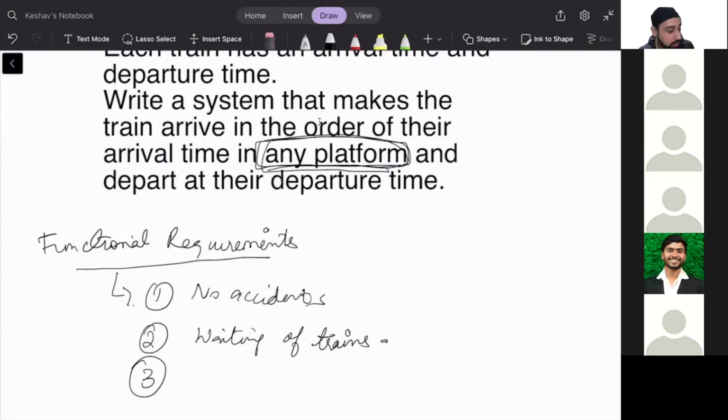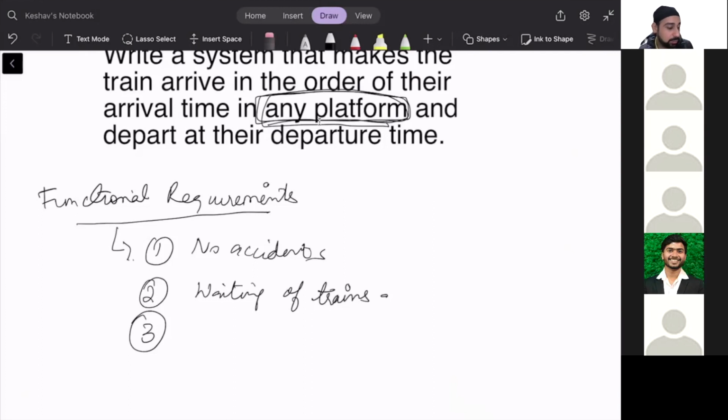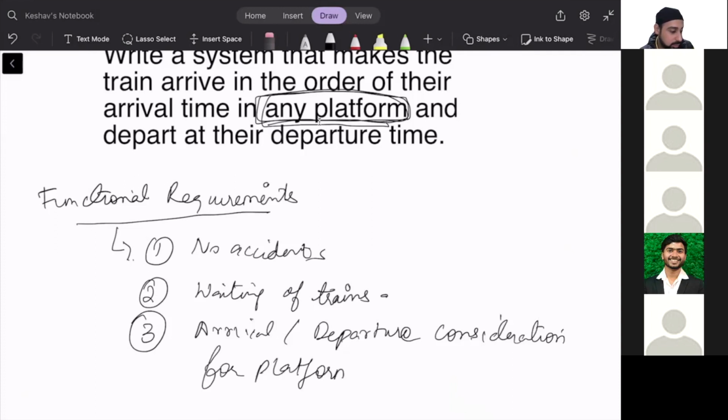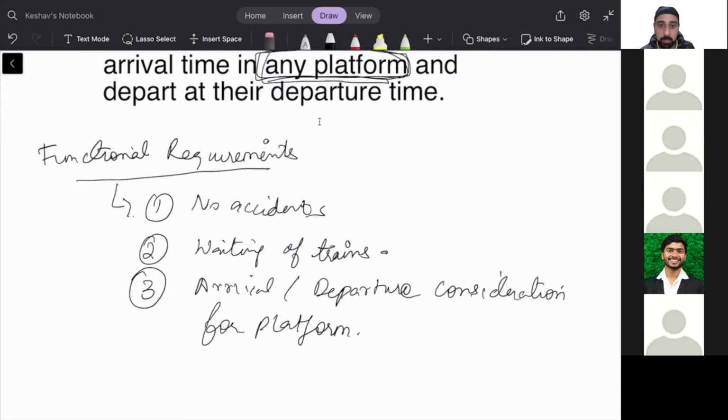But you said one good thing, which is that you need to have the arrival times and the departure times consideration for a platform. That's one thing. What else? I think there should be a signal or a system which signals all the trains whether to stop or go ahead to a platform based on the number of platforms.